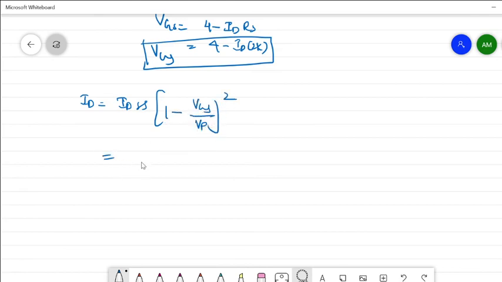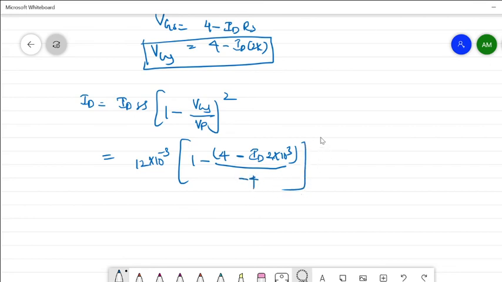IDSS is given in the question, 12 milliamperes. 1 minus the VGS value, 4 minus ID into 2 kilo ohms, 2 into 10 power 3, by VP, given in the question, minus 4, whole square. Then 12 into 10 power minus 3, 1 minus, separate this denominator term.